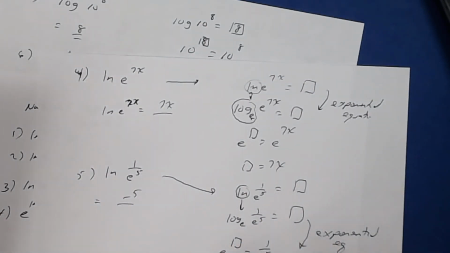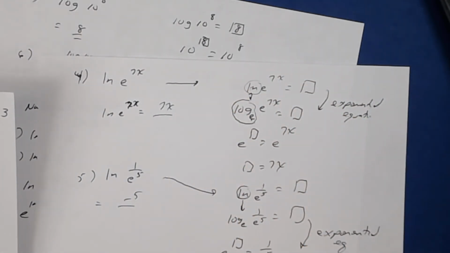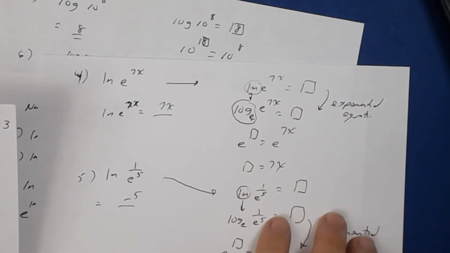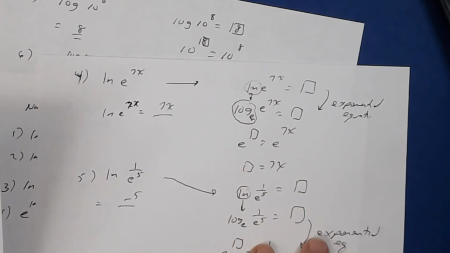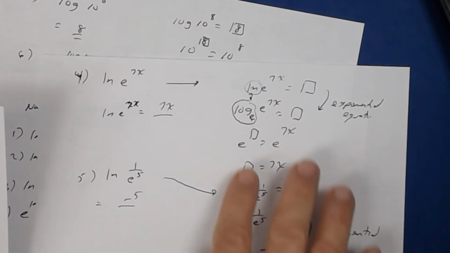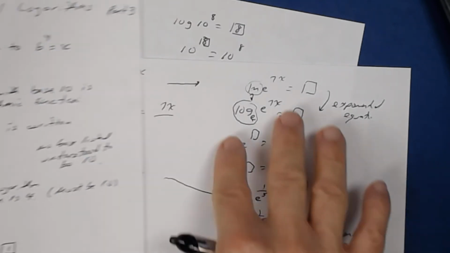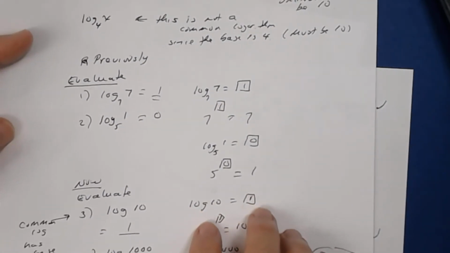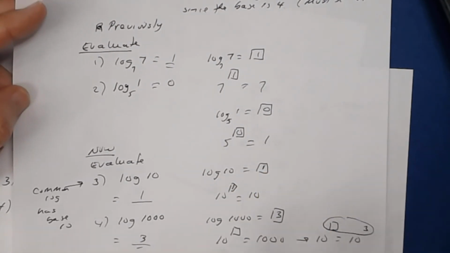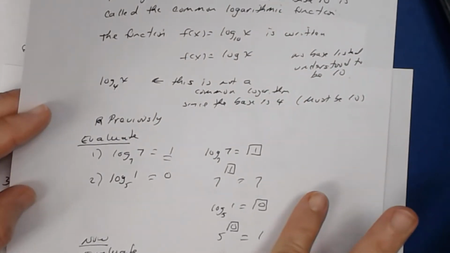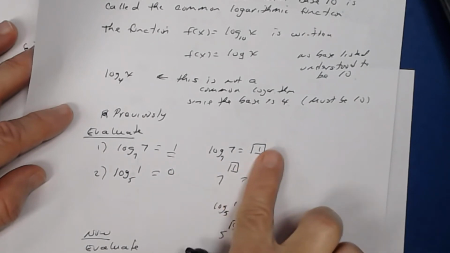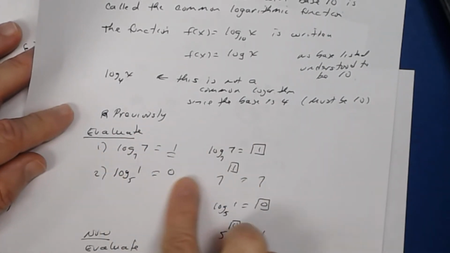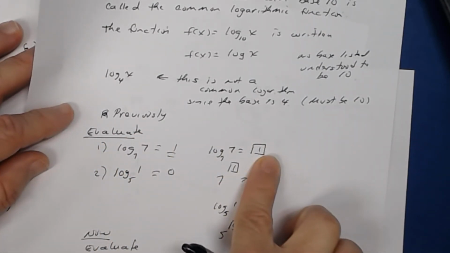Okay? So I need you to go back and review all this process right here. That's our thought processes that were written down. You need to understand that these thought processes for natural logarithms and for common logarithms are the same thought processes that occurred in the previous parts.